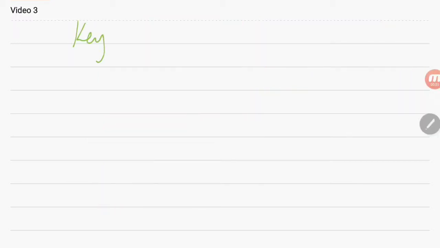Okay, so we're just going to unpack that assessment task just a little more. Key components that students need to think about. Well, yes, it's a reflective assessment. Yes, there are elements of persuasion, and yes, there are elements of information. The student needs to be able to combine all 3.